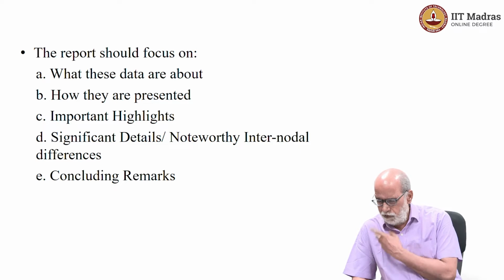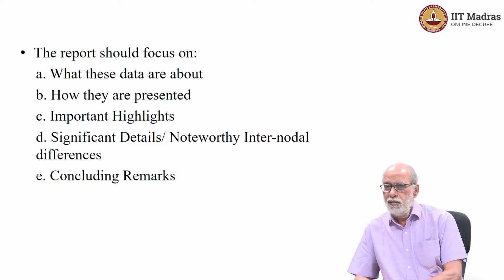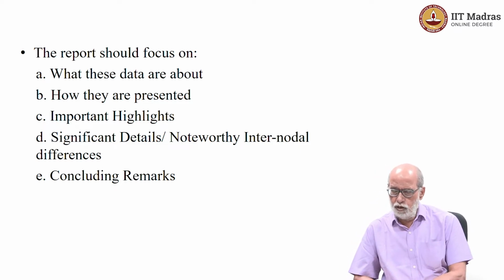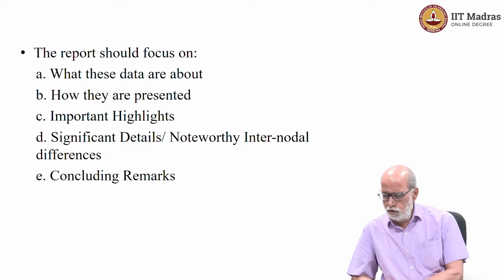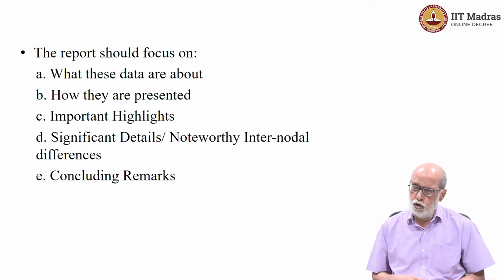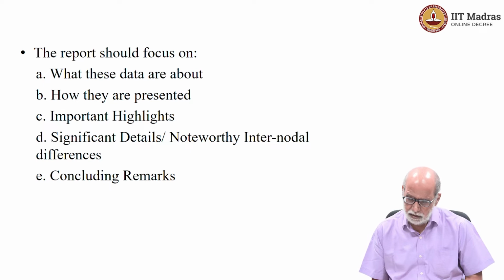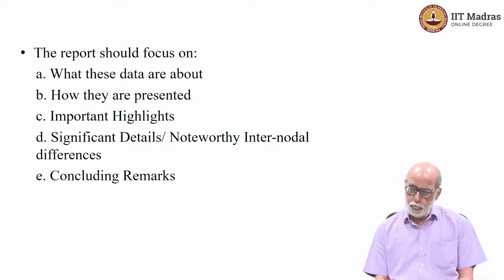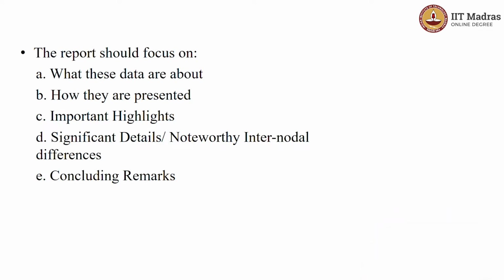A graph can say a variety of things together: annual rainfall, annual heat and cold temperature, decay to buildings. A whole lot of things can be presented through a graph. So another important point to write about may be how they are presented.